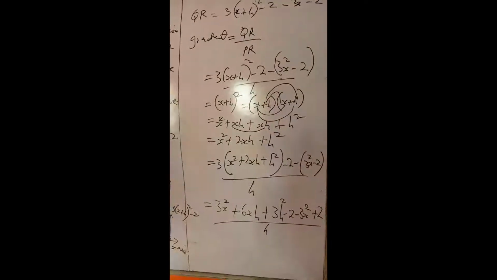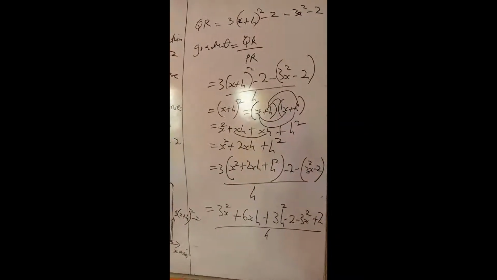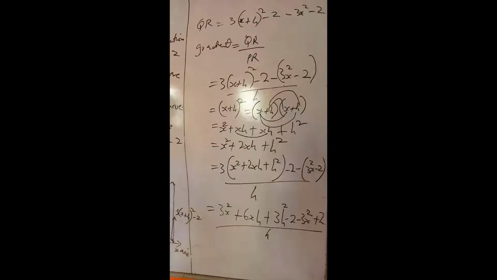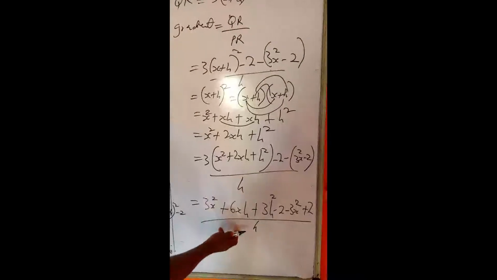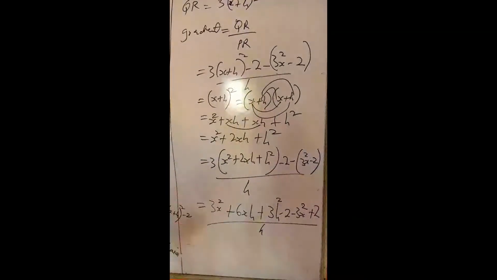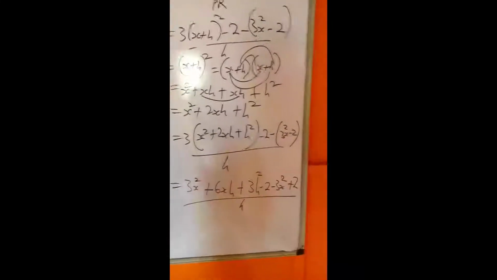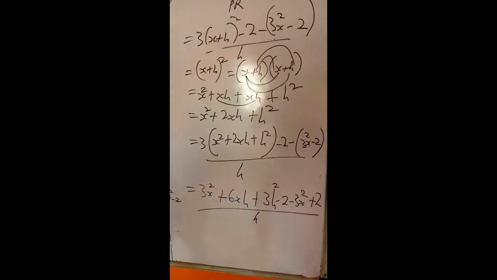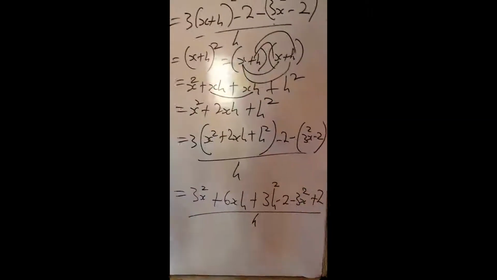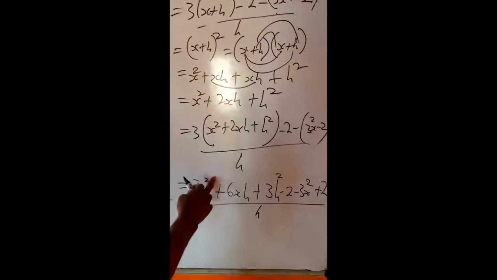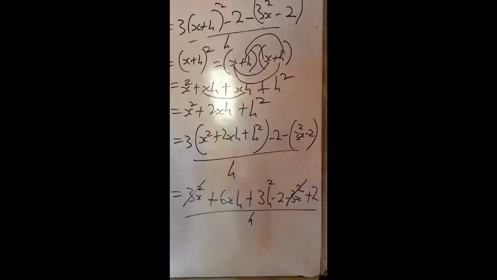The gradient is actually equal to QR all over what? PR. So this is your QR and this is your PR. If you look at the diagram, you can know what we are talking about. So now we will do some little plus and minus. If you look at what you have on the board, 3x squared minus 3x squared will cancel out.